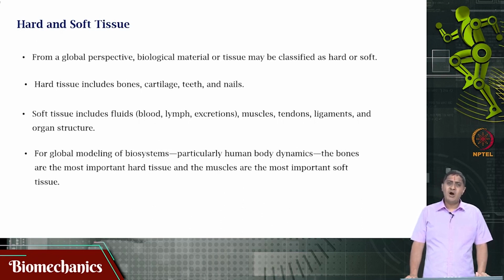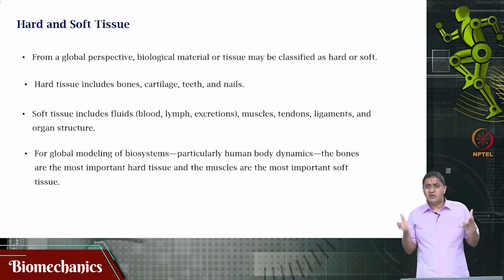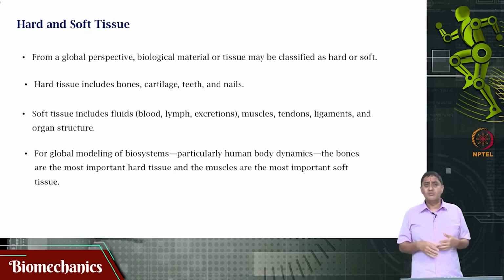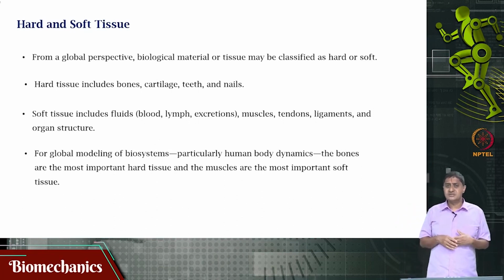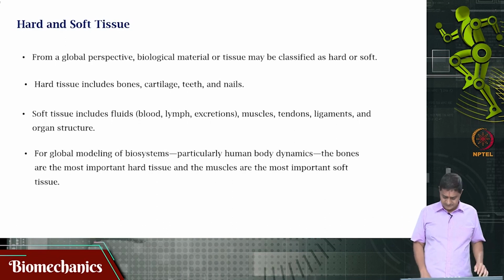So, when you are modeling biosystems, you are mostly interested in the hard tissue and soft tissue. The hard tissue of interest for you is bone and the soft tissue of interest for us is muscles. Most important hard tissue is bone and the most crucial soft tissue is muscle. This is of interest for us.